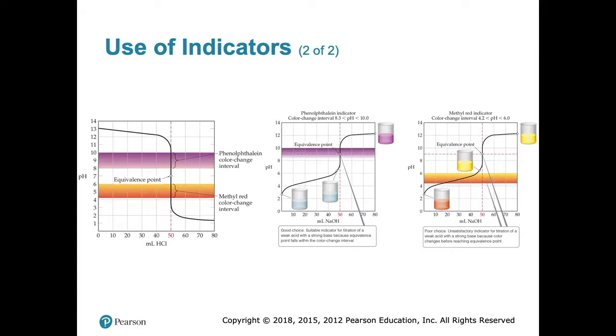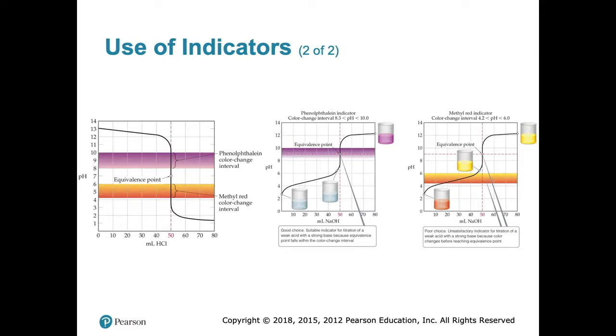The great thing about phenolphthalein is that its color change region is exactly where we need it to be for the weak acid, strong base equivalence. And then over here we have methyl red, and again, the equivalence point here is up there, but the color change region is down here.